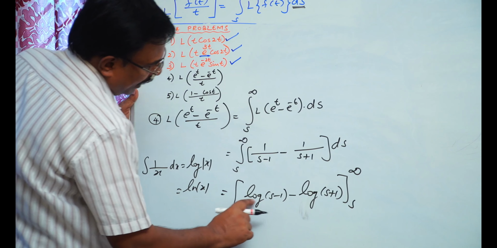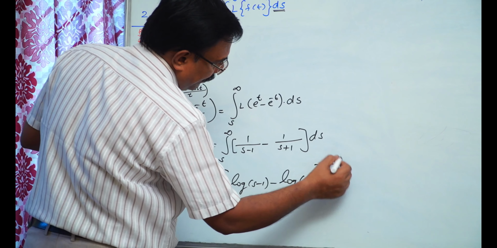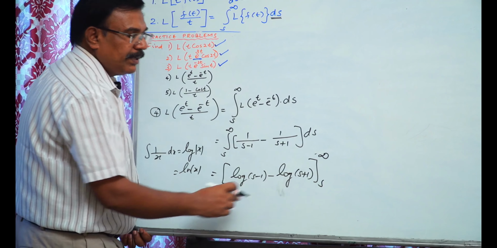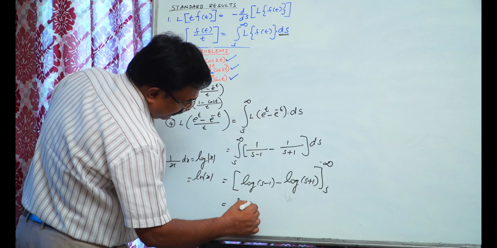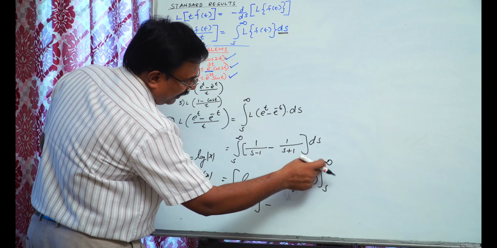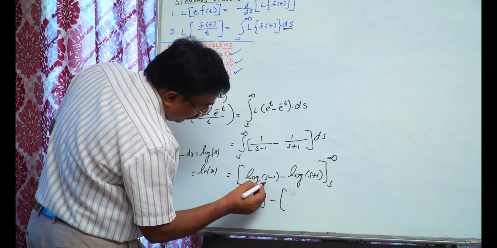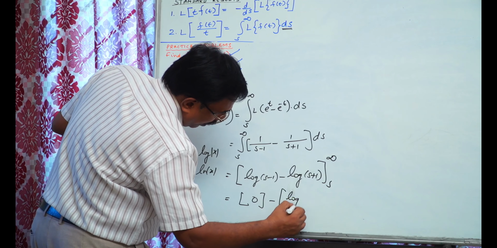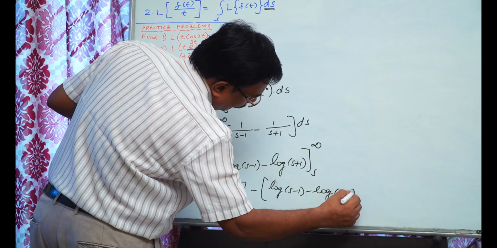Then I can go for log here. For the upper limit infinity, by applying the limits at infinity, whatever it may be, the answer is simply 0. Put infinity in log, the answer is 0, minus of, here s is replaced by s itself. So, log of s minus 1 minus log of s plus 1 will come.